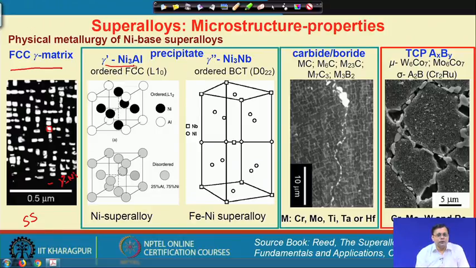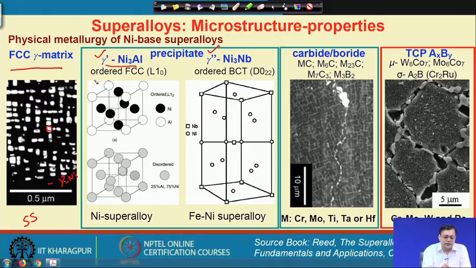Now, if we consider strengthening by precipitates, there are two different types of precipitation strengthening available in nickel based superalloys. As I said earlier, one is the gamma prime phase, which is nickel 3 aluminum, and another is the gamma double prime phase, which is a nickel 3 niobium type phase.